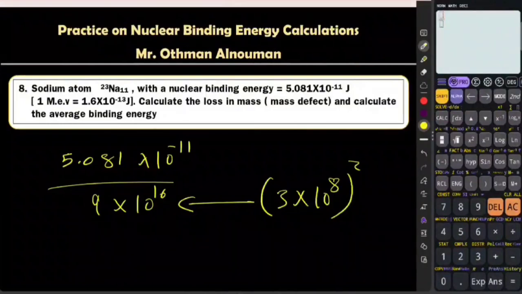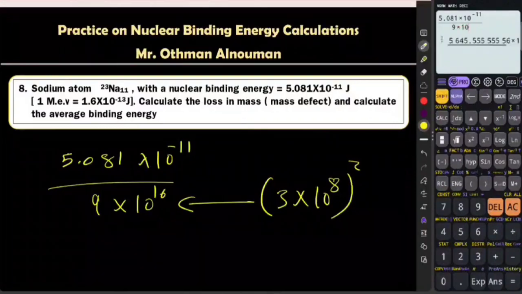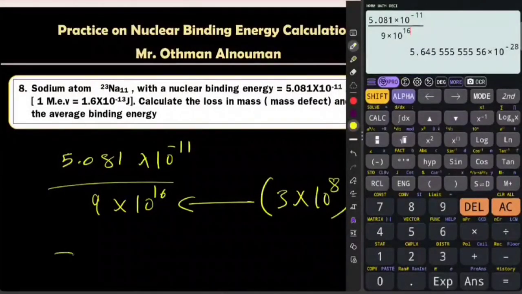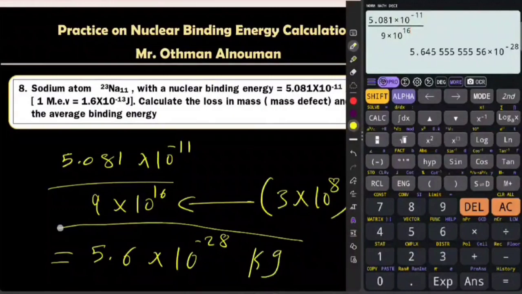So let's calculate this one. We are going to see 5.81 times 10 to the power of negative 11 over 9 times 10 to the power of 16, and that equals 5.6 times 10 to the power of negative 28 kilogram.